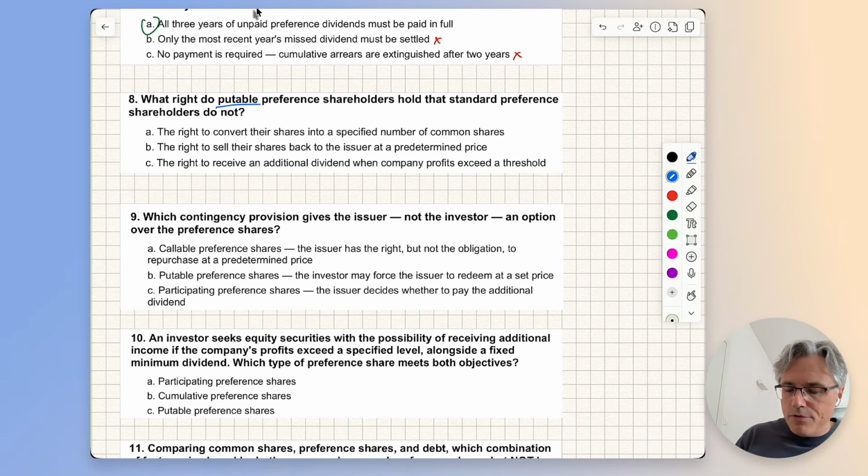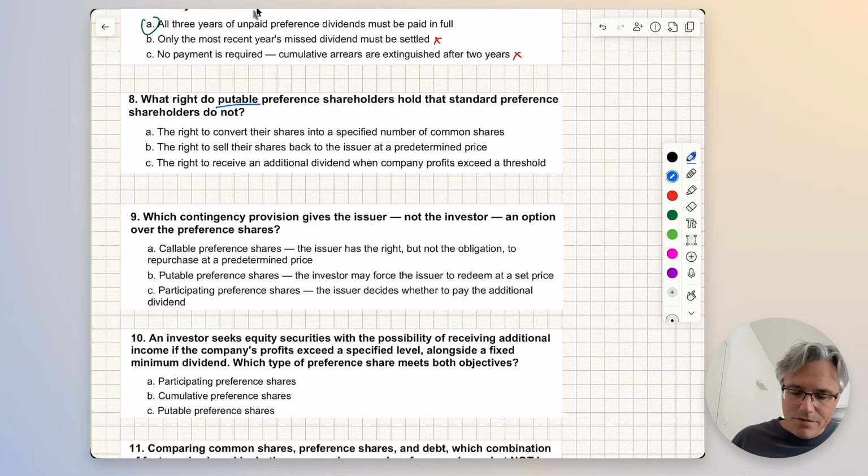A put option allows the owners, the shareholders in this case, to put the securities back to the issuer, namely force the issuer to buy them back for a price which is typically known in advance. It's determined in accordance with a schedule or just written down.